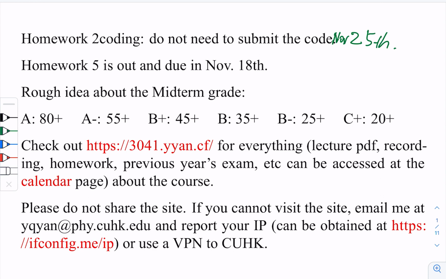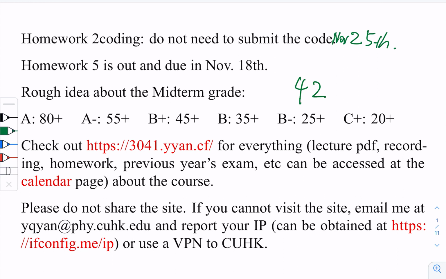And even though the mean value of the midterm is not high, I hope you've already seen that the average score is 42, you have to get an idea of how you perform relative to this mean.